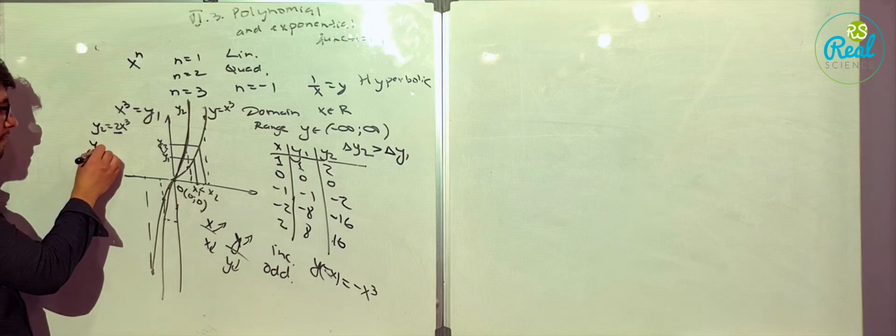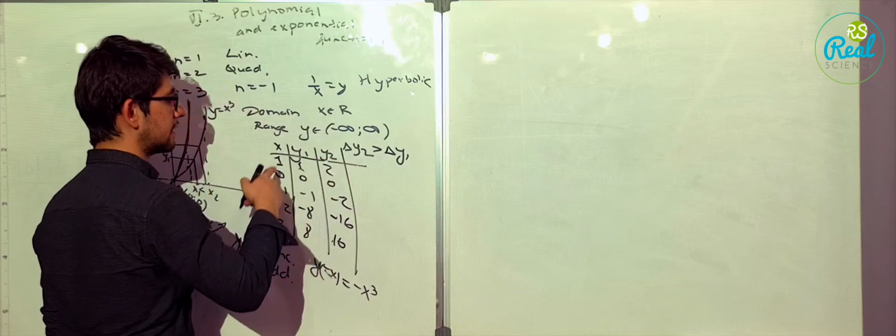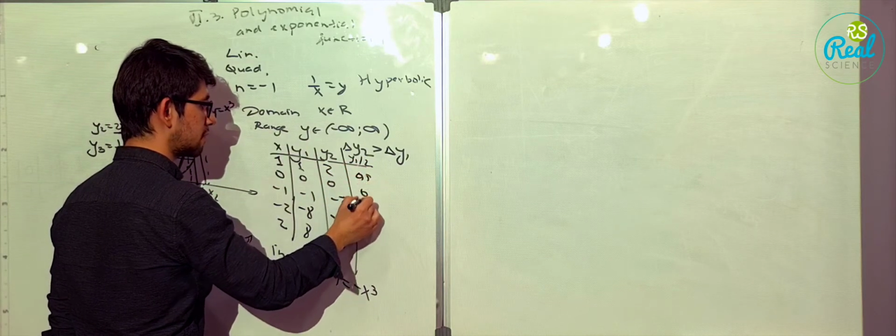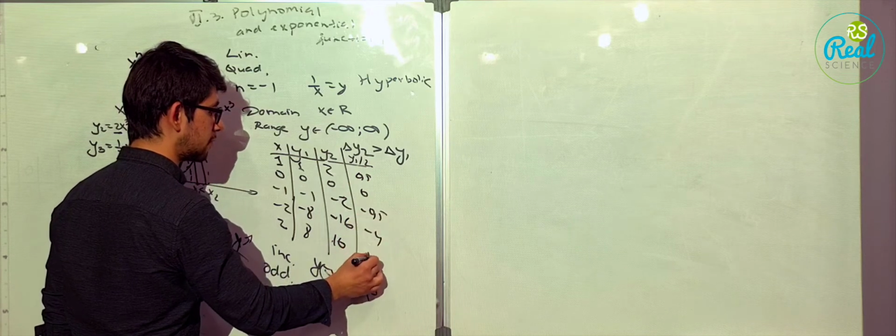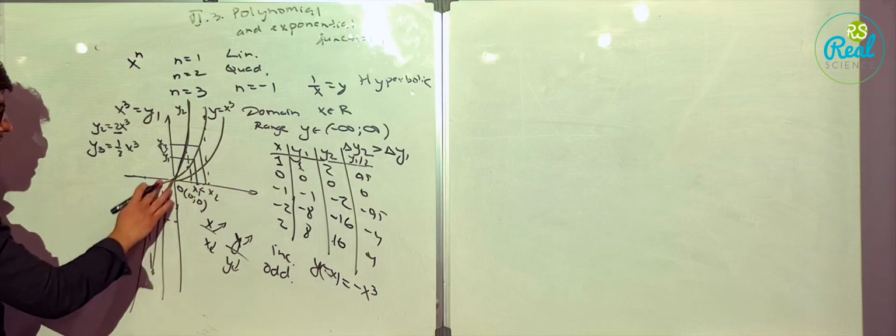If your y3 equals 1 over 2 x cubed, so you give the values, they are half of your y1. y1 divided by 2: 0.5, 0, minus 0.5, minus 4, 4, and you draw it something like that, okay, let's say.